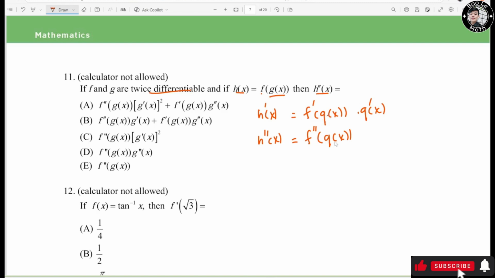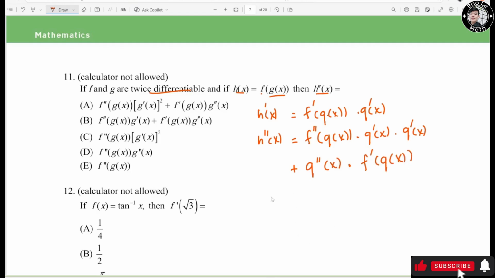Derivative of this one equals this one, and then times g prime of s, the one inside right here, right? And then times this one right here, g prime of s. Plus the derivative of this one could be g double prime of s times this one right here, f prime of g of s.